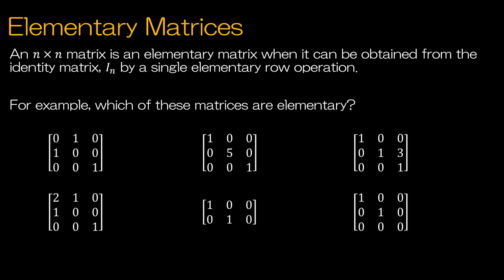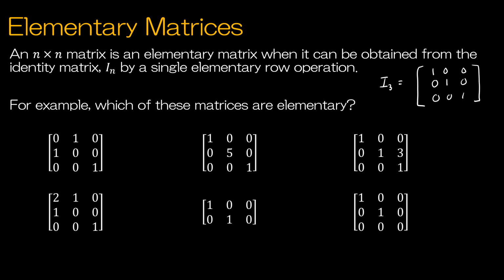And an elementary matrix is one that can be obtained from the identity matrix by a single elementary row operation. So let's remember that the identity matrix, in this case for a 3 by 3, would be 1 0 0, 0 1 0, 0 0 1.